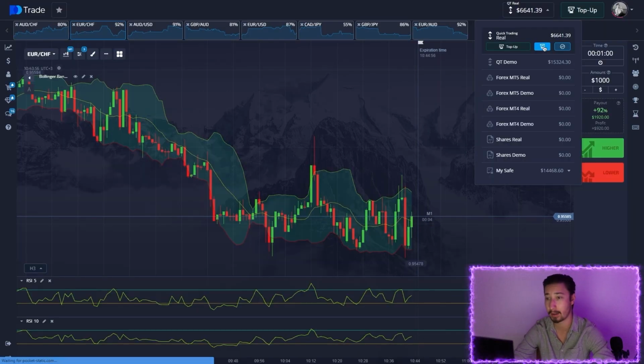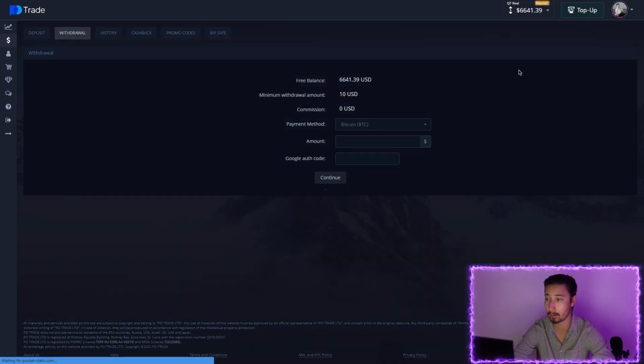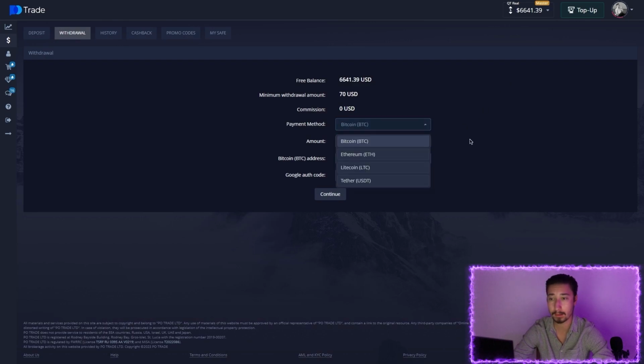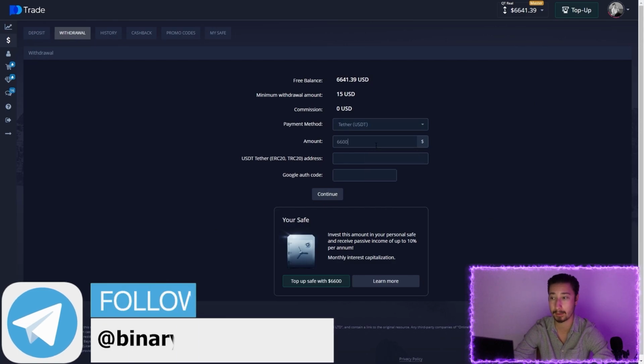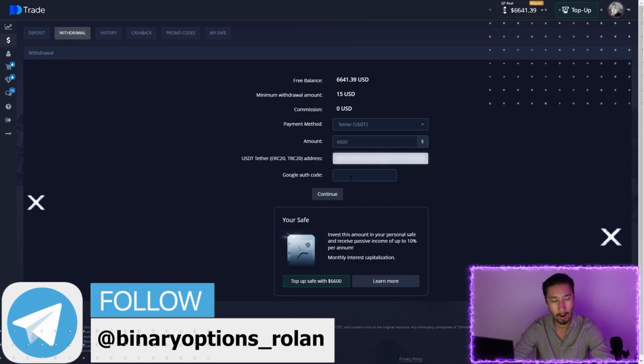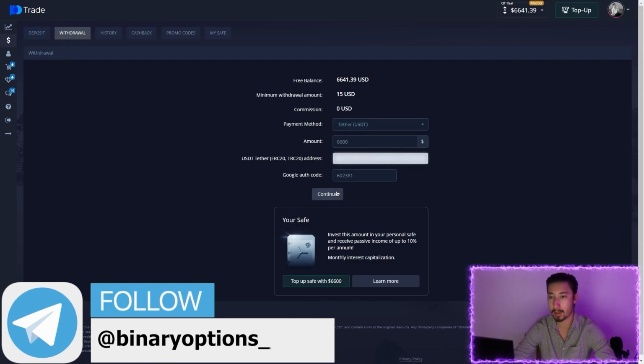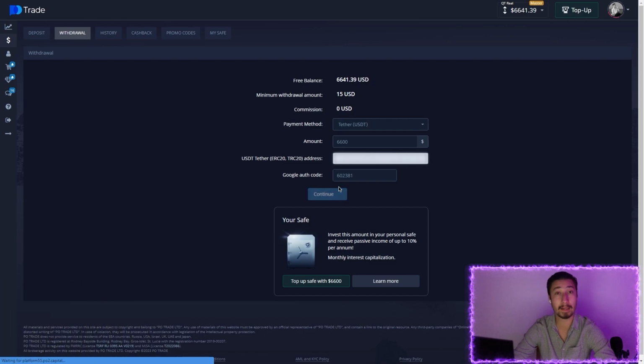The most important thing is to monitor the oversold and overbought areas, follow the trend, and look for your touch points in the range of the upper moving average and lower moving average of the channel indicator. So let's move to the withdrawal, choosing wallets. 6,600 goes in. Continue button, and we did it.